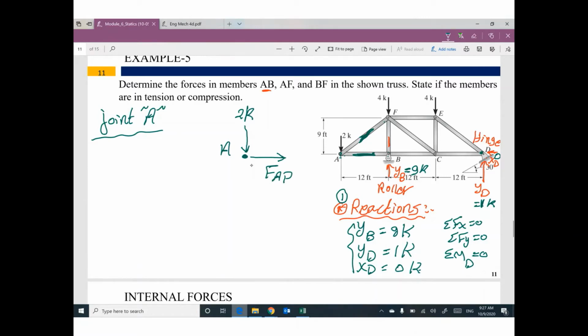I have inclined member like this, FAF. The most important question, do you have anything else intersecting at this joint? No, we don't have.